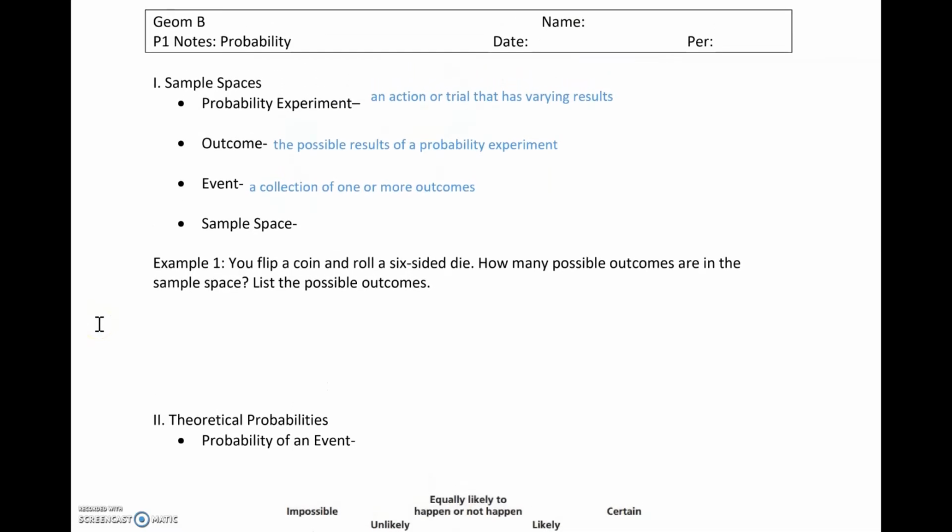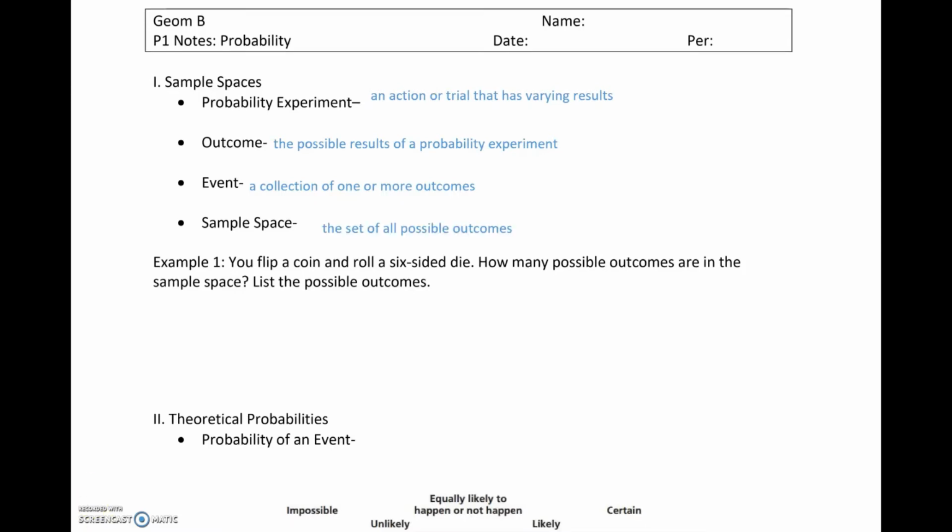All right. And then finally, what is a sample space, which is going to be that first example we're going to look at. A sample space is a set of all possible outcomes. So often we can use different visuals to demonstrate the sample space, like a list or a tree diagram or a table. So in example 1, we're going to flip a coin and roll a 6-sided dice, a standard 6-sided dice, not biased, fair dice.